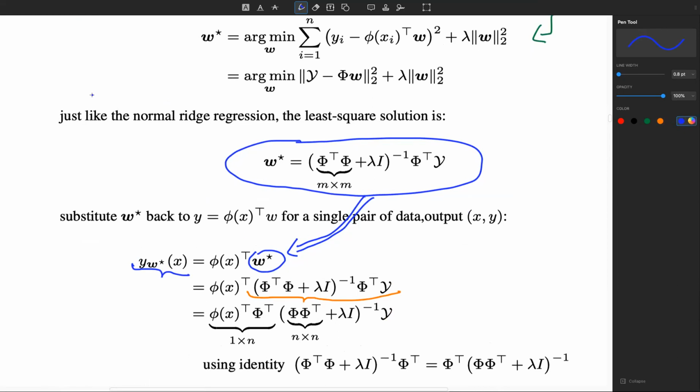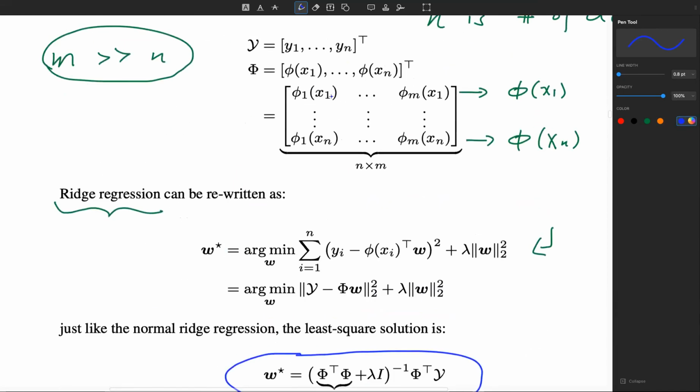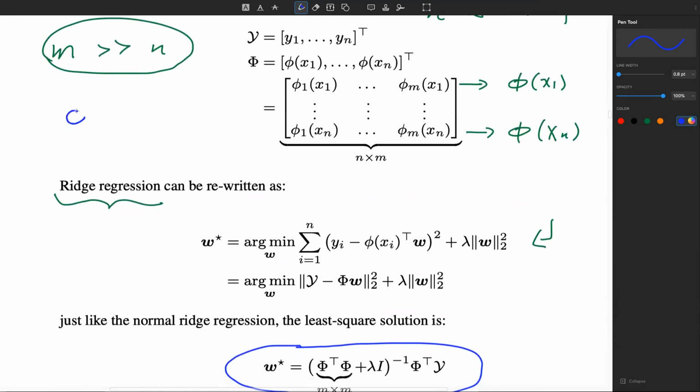Once I write them down, I do have a little problem in computing this here. So the phi matrix is this, right? If I'm computing phi transpose phi, what kind of dimensionality do I have? If I have this transposed, then times itself, what kind of dimensionality do I have? It's M times M, right?